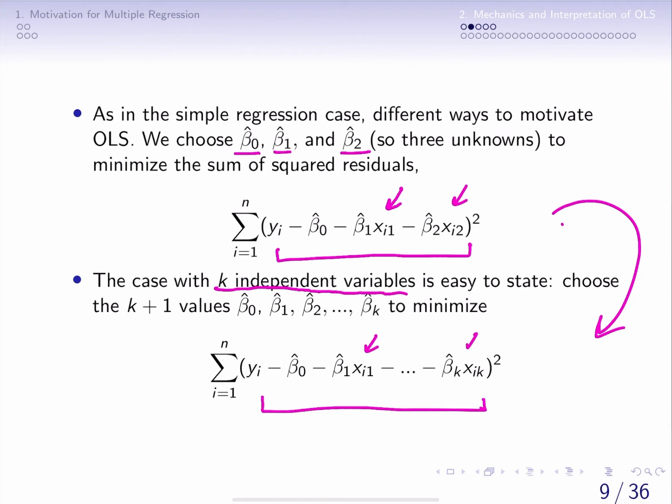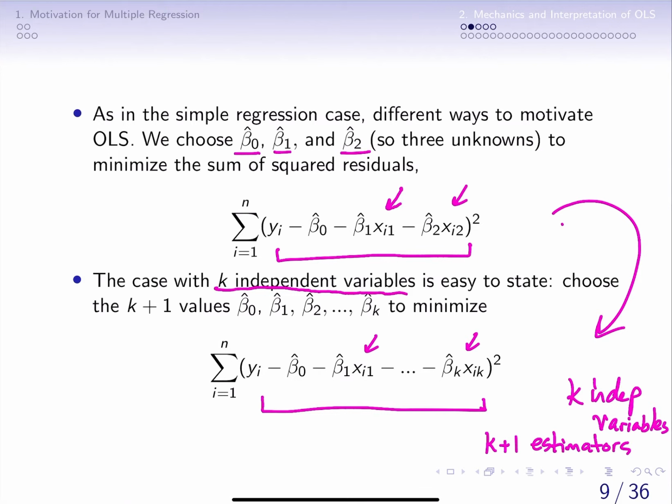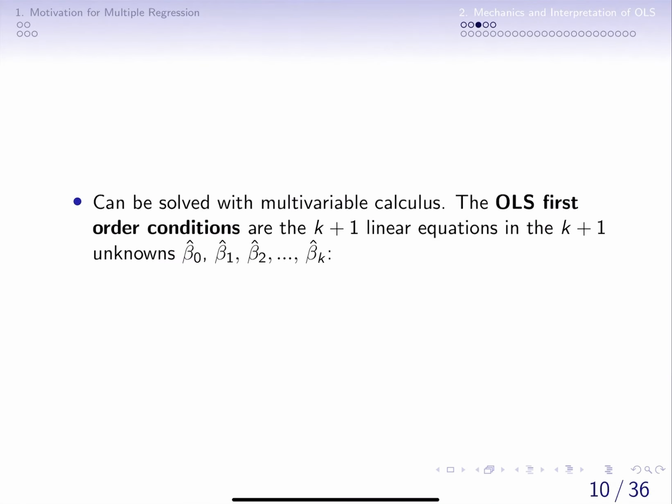So we have k independent variables, and k plus 1 estimators as a result, including the intercept. So we can use multivariable calculus, right? Take first order conditions with respect to these unknowns. Because we have k plus 1 linear equations and k plus 1 unknowns, we can solve this.